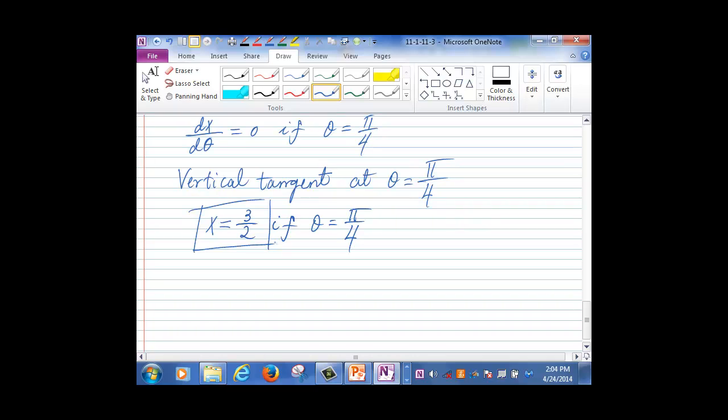Now, in the exam though, unfortunately, when I was quickly making the study guide, I didn't take care of this. In the exam, I'm not going to give you a situation where you get a vertical tangent. You're going to get a defined slope, some number, and then you have to find the equation of the tangent. How would you find the equation of the tangent?